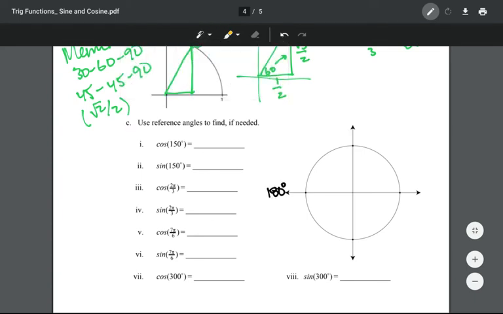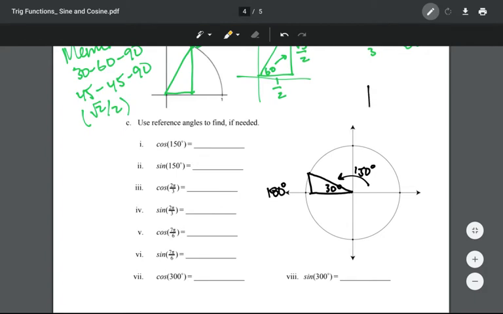So at 180, I'm 30 degrees short of 180. So that's going to get me 150 degrees. So this is 150 degrees. I do need a reference angle. The reference angle is between the terminal side and the x-axis. So I'm going to use a reference angle of 30 degrees.